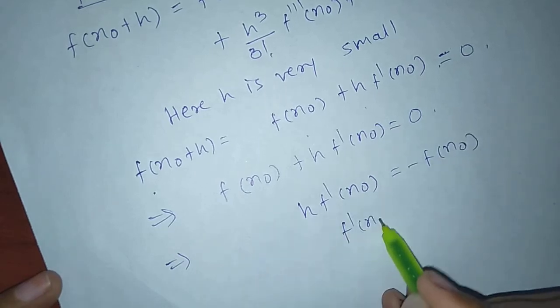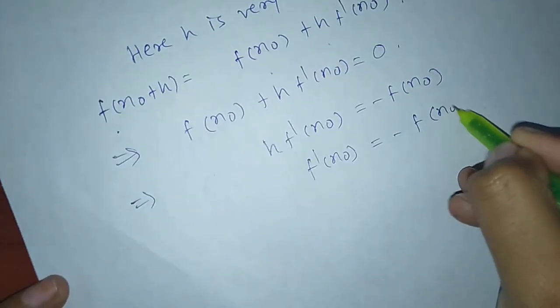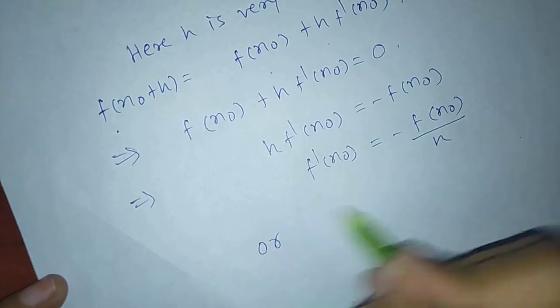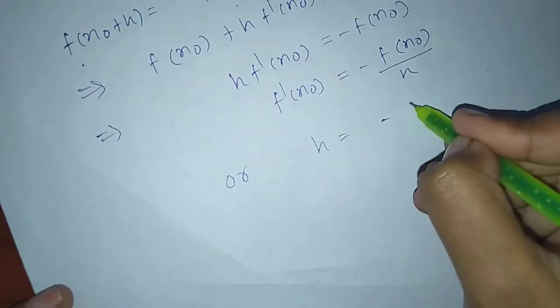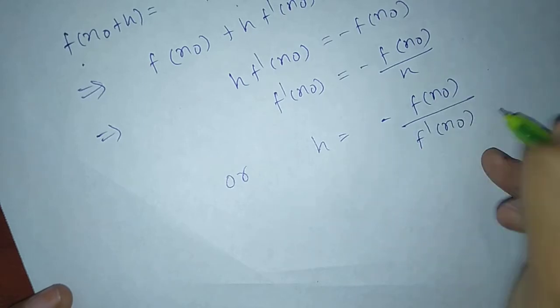Therefore h equal to minus f of x naught upon f dash of x naught.